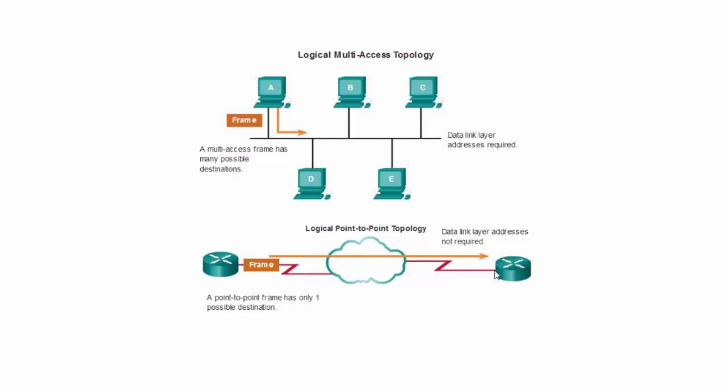In a logical point-to-point topology, we don't need to provide any addressing or identifier between multiple nodes, because basically the connection is between only two nodes, in which case we use only one byte to indicate the direction or the destination on the other side, and that's it. So we don't need to provide a physical address like the case of multi-access technology.